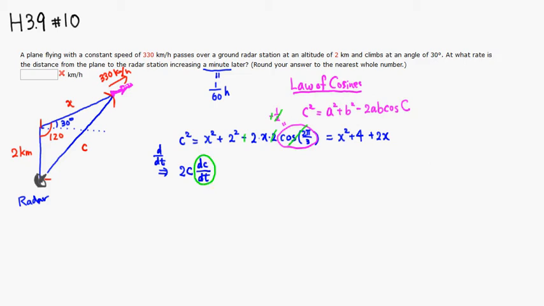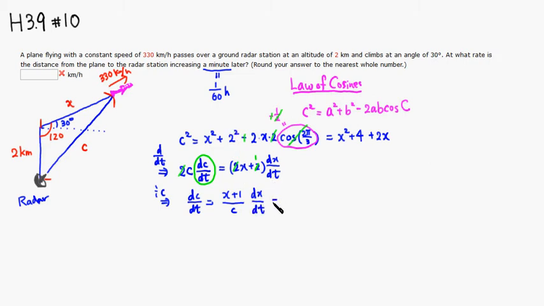This is equal to 2x plus 2 times dx over dt. Then we can divide through by 2, and that becomes 1. Then divide through by c. So dc over dt is equal to (x plus 1) over c times dx over dt.